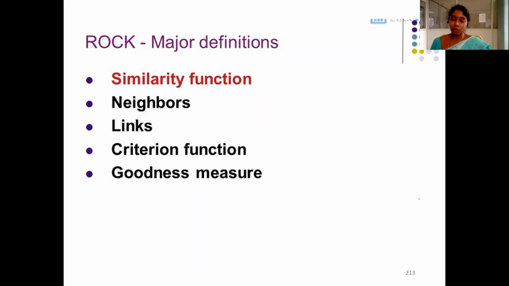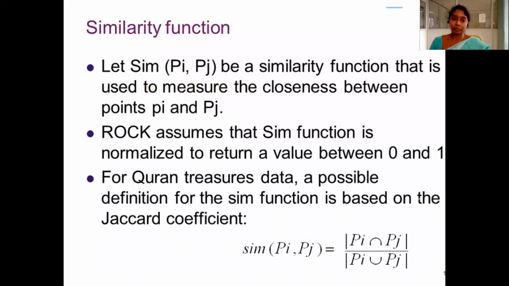Before that, we need to know about the similarity function. That means how we can calculate the similarity among the data points. Let's consider 2 points, P1 and P2. Since in the ROCK algorithm we treat each point as a cluster initially, the similarity between the points is the similarity between the clusters.